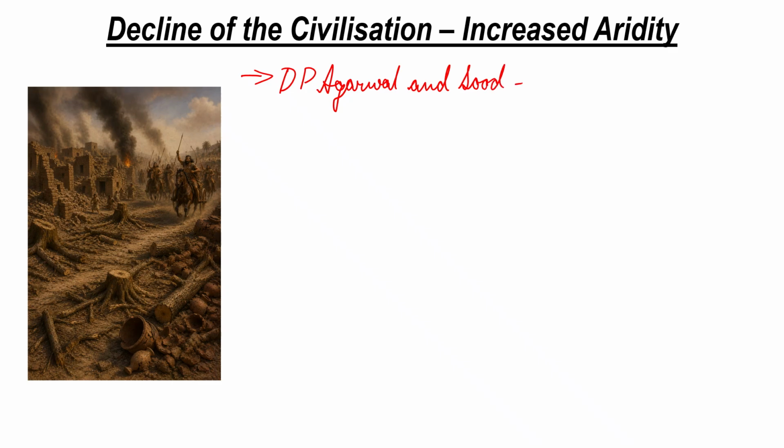They said that increase in aridity means the water vapor or the percentage of water reduced, the air became dry, and thus there was decline of the civilization, and this has been evidenced by the drying up of Ghaggar river.